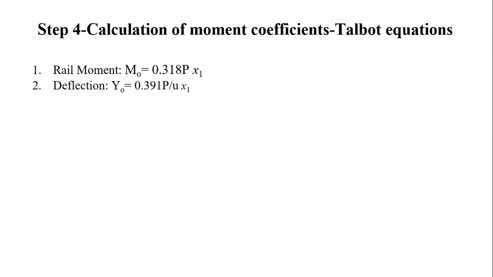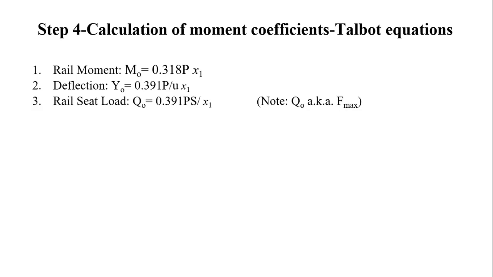We continue. Once we know the rail sections, we'll have to know the moments in the rail. It can be calculated from this relation, 0.318 E times x1. Deflection from this relation, and rail seat load, also known as F maximum, can be calculated from this one.